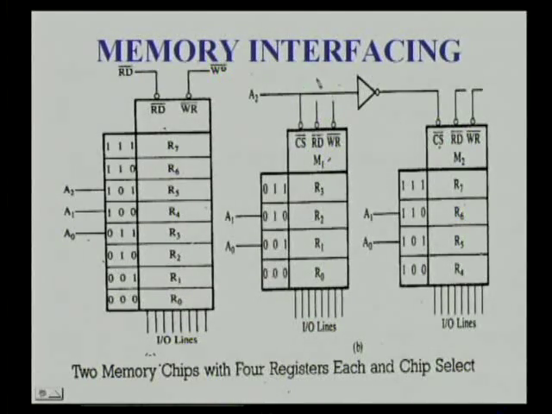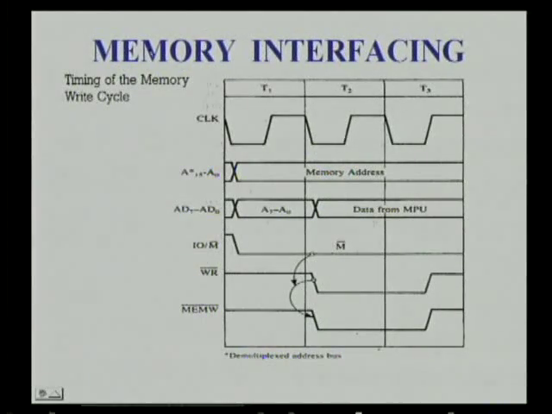And since it is inverted and applied to the second one, the input to this chip select is high, so this will not be selected or enabled. So like this, by increasing the number of address lines, we can identify more and more registers.